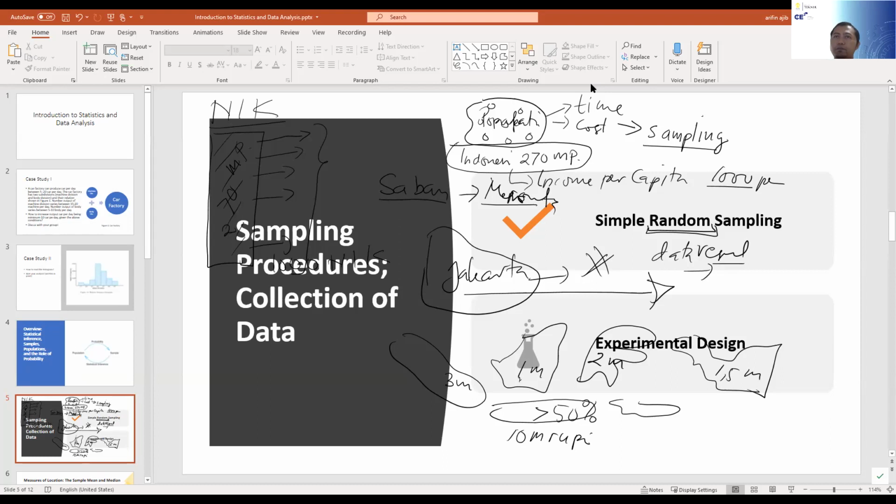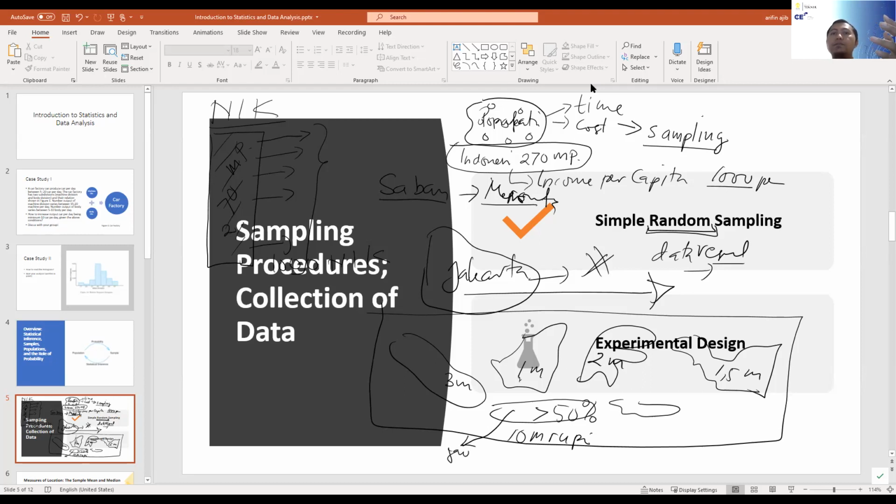From this point, if we took the randomness, there is a possibility that the data you took comes from Java only, because of random.